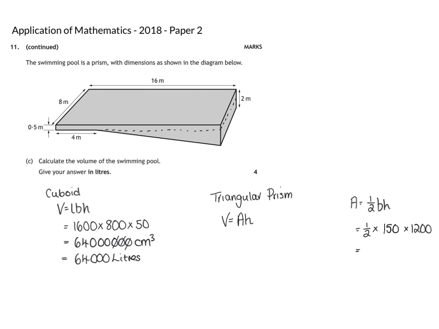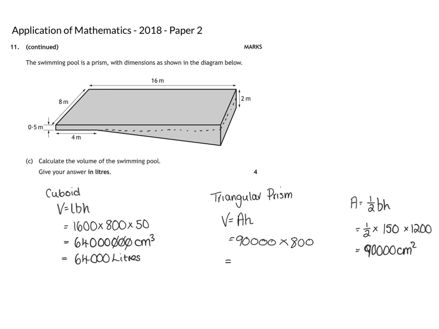So if I do a half times 150 times that 1,200, I get 90,000 centimetres squared is the area of that triangle. There we go, that's the 90,000 sorted. And then I've got to take that 90,000 and I need to times it by the width of the pool, so the 8, because that's how far back the triangle goes, so timesing it by 800.